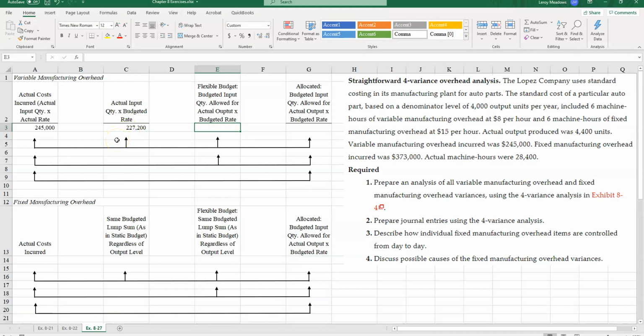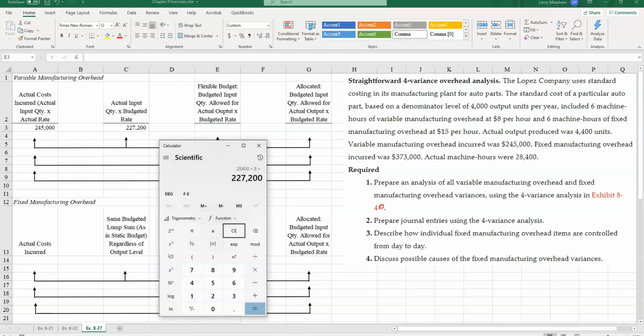Now I want to figure out my flexible budget amount. I'm going to take my budgeted rate and the number of hours it should have taken me to make those 4,400 parts. We were based on 4,000 outputs per year, but the actual output was 4,400 units, and each unit took 6 machine hours.